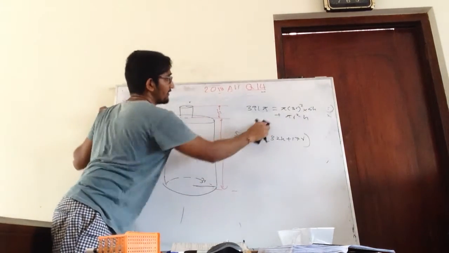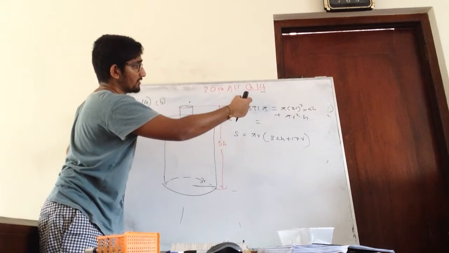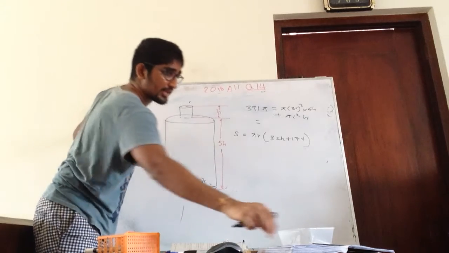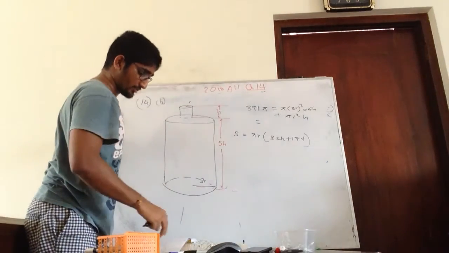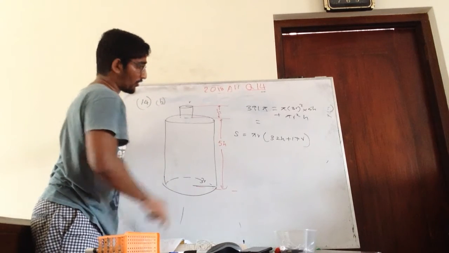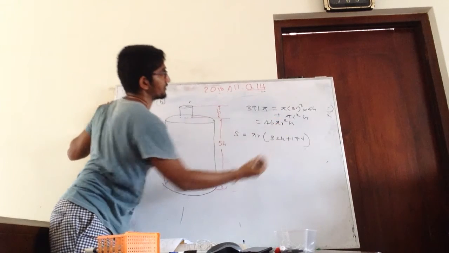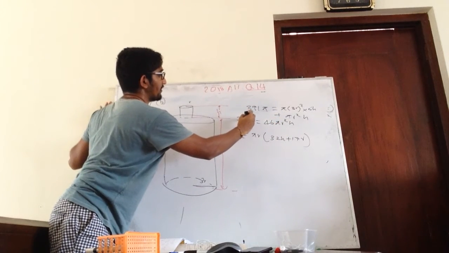So I will get 3 squared is 9. So 9 times 5 is 45. Then I will get 46 times 5r squared h equals 391.5.